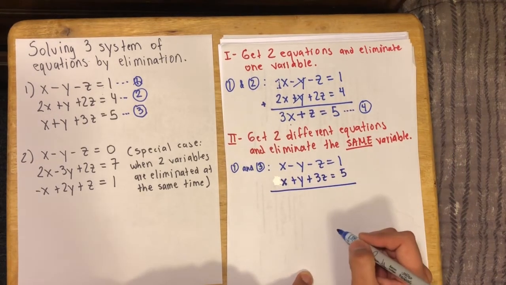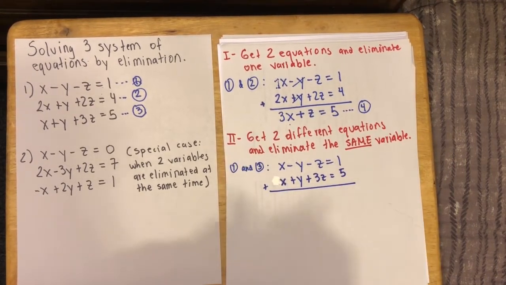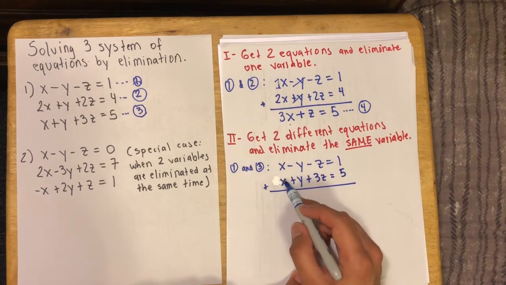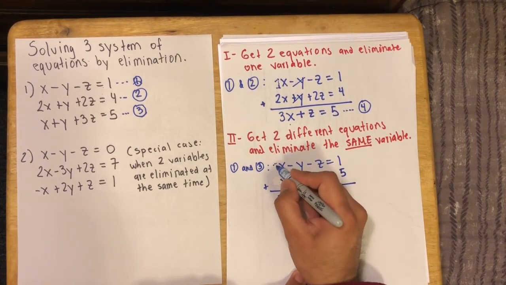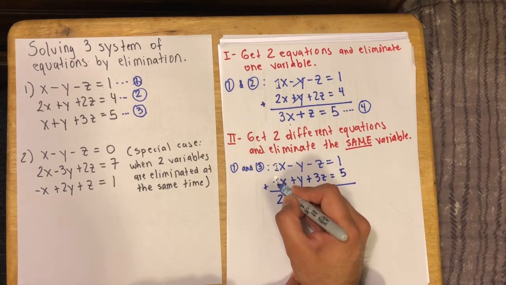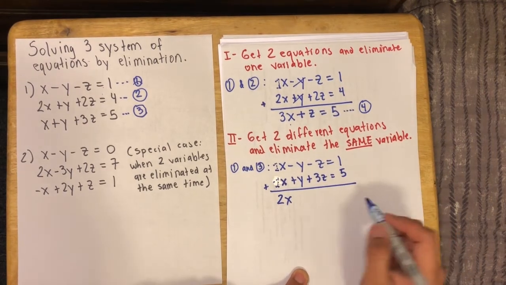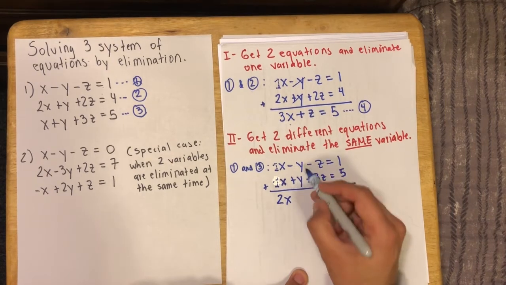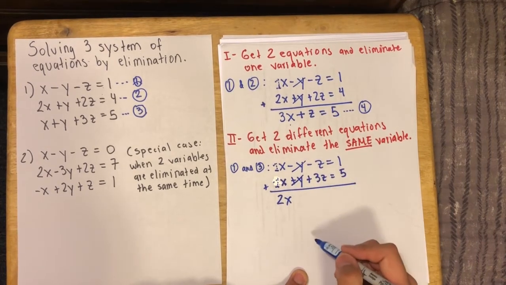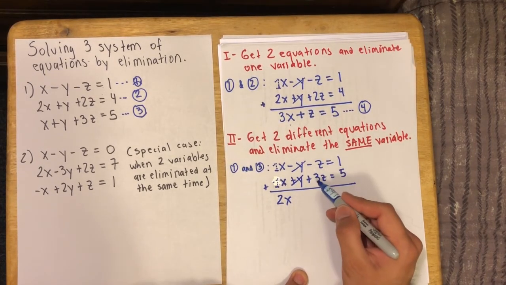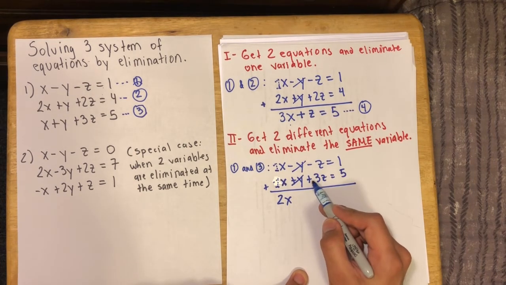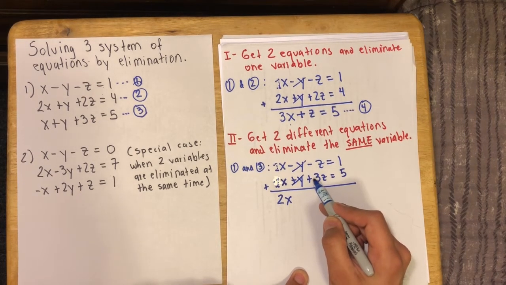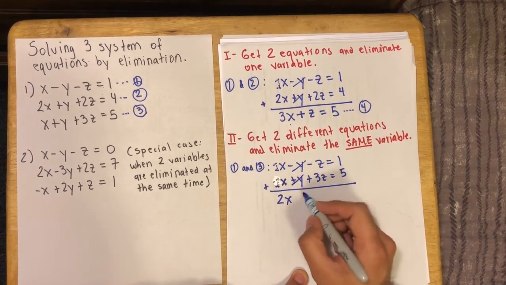So just combine them, meaning adding. I'm going to have x plus x, which gives me 2x, because remember, there is an invisible 1 in there. Now notice, minus y plus y, boom, gone. And negative 1z plus 3z: this is a negative, this is a positive, so subtract and keep the sign of the bigger number.